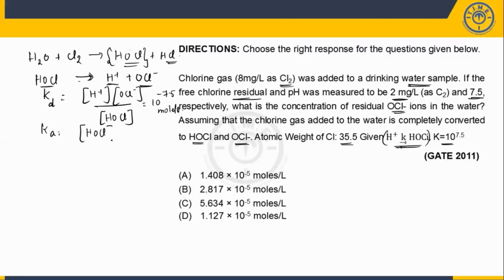Therefore, the association reaction constant will be HOCl upon H plus OCl minus, that will be 10 power 7.5 moles per liter. Now, is it KD or Ka then? It is Ka.